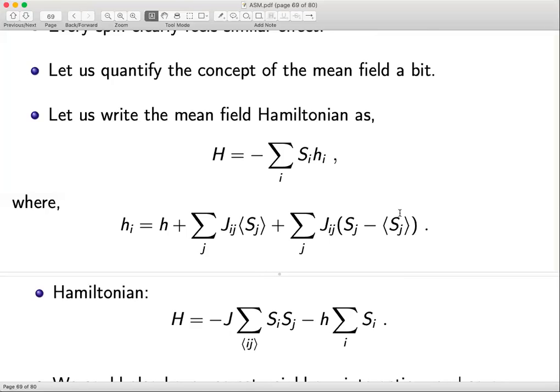We can ask what is the effect of the fluctuations, and if the fluctuations take us away from the mean field approximation, then we would say that the mean field approximation is not very stable, and the perturbation would lead us to a new description of the system. But that we can set aside for the time being. Let's try to see what the mean field is doing for us. Is this point clear?